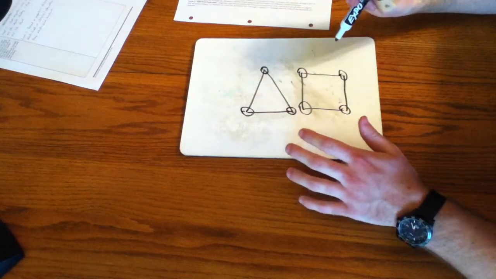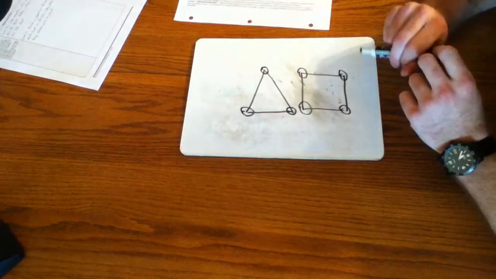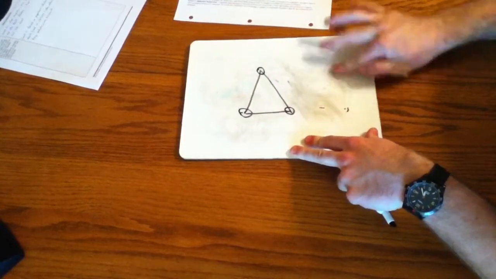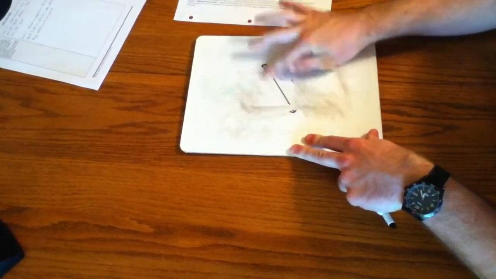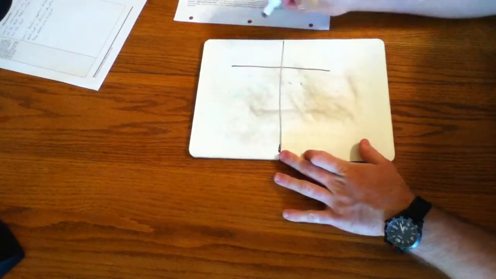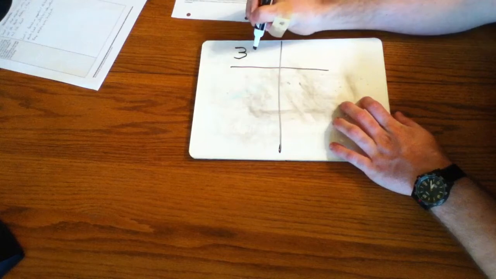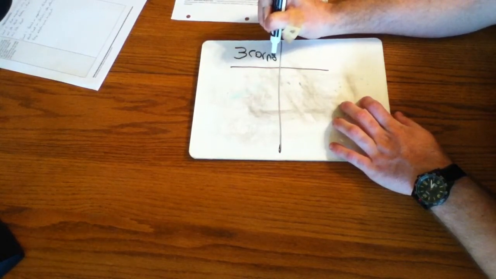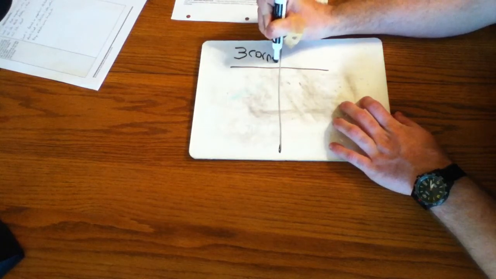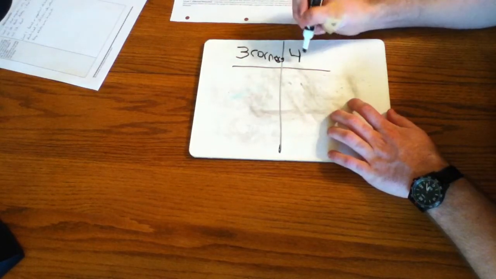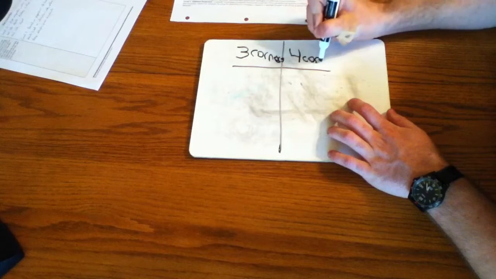And so an activity that you could do in level 1 is you could have a giant T-chart in the room, and on one side you could have 3 corners, and on this side you can have 4 corners.